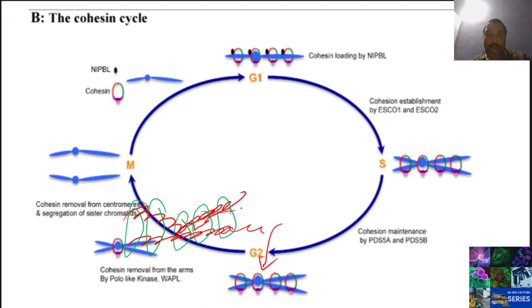So for proper compaction or condensation, the chromatids must be free from cohesin. So we have to remove the cohesin. I used the eraser for removing the cohesin, but in the case of the cell, there is no eraser.